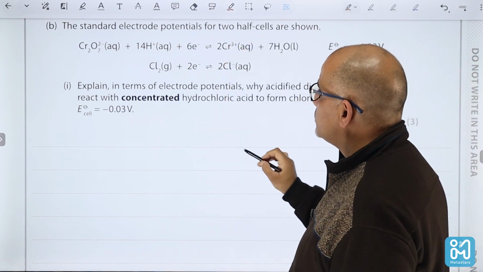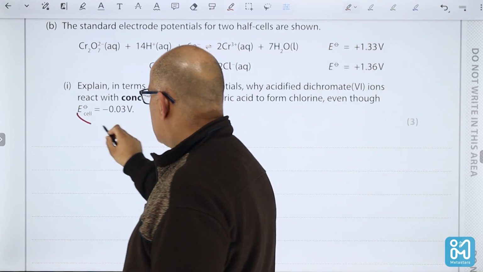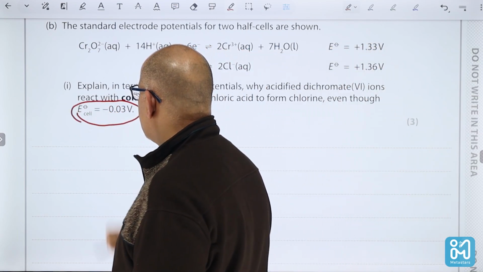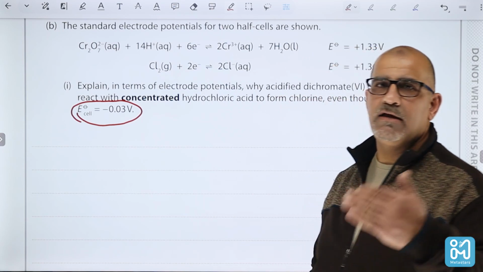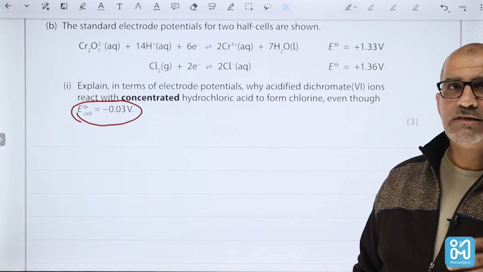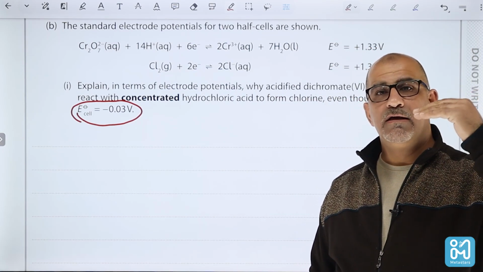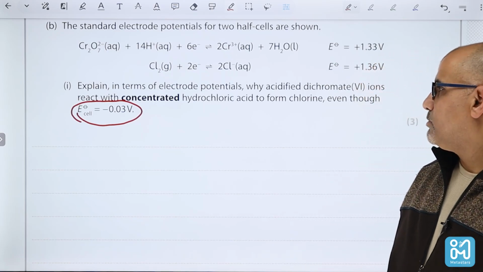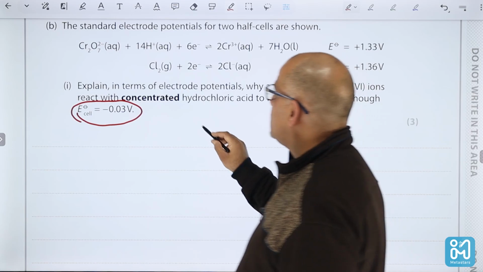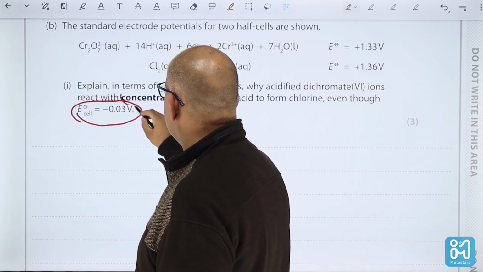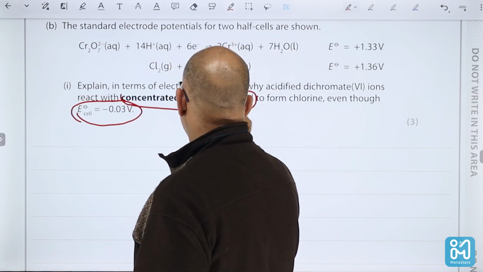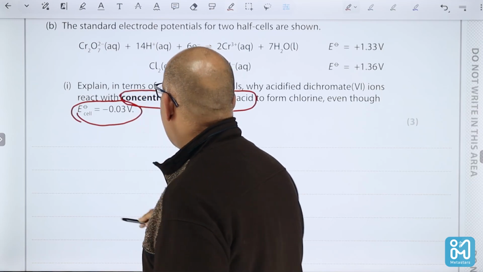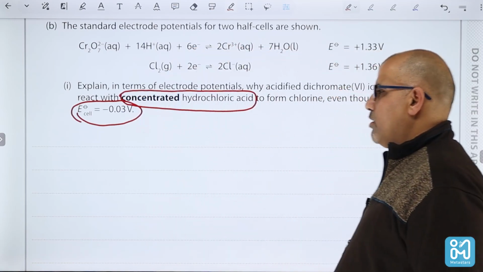Okay. First of all, since the E cell is a negative value, this identifies a non-spontaneous reaction. But he made concentrated hydrochloric acid a bolded term.